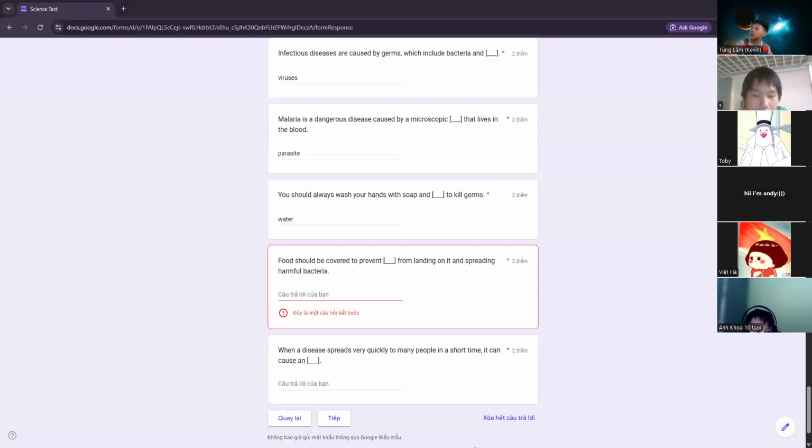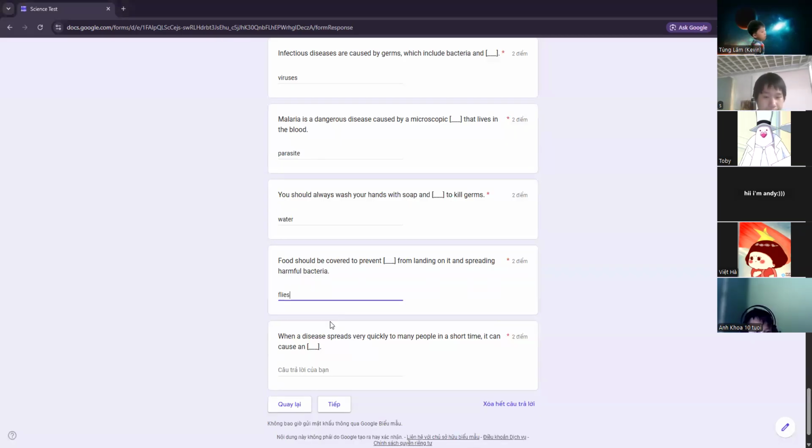But yes, flies is correct. Flies are usually attracted by food, and flies are also usually not that sanitary, so they can actually transmit a lot of dangerous pathogens.